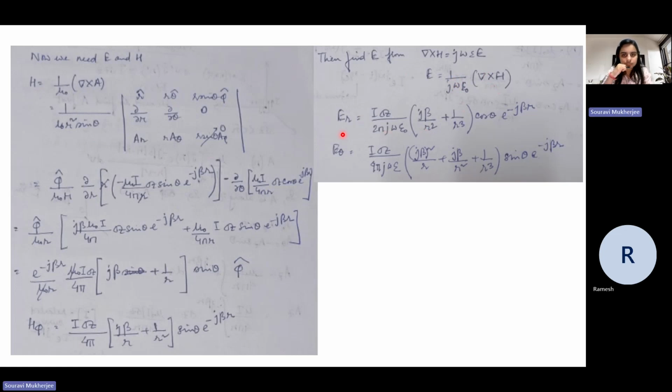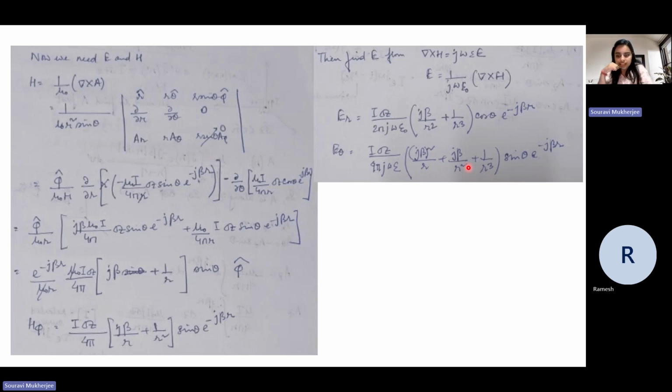This is your radial component, and this is your theta component. Again, here you have a 1 by r squared term, a 1 by r cubed term, and all these combinations. Based on the value of r, different terms will be dominant in different regions.